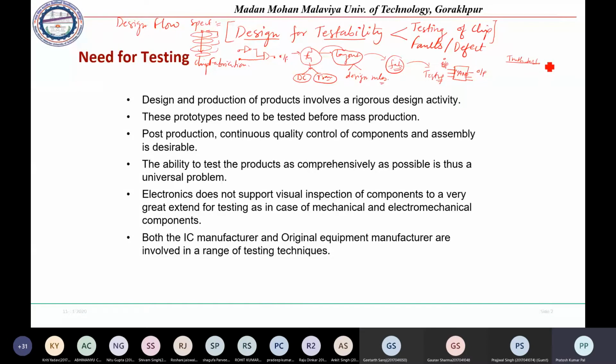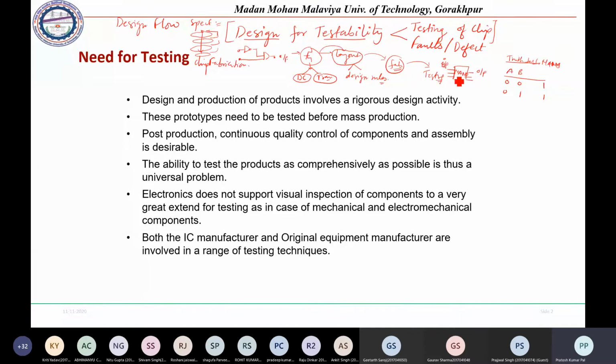If A and B are the inputs, if it is 0 0, the output is 1. If it is 0 1, the output will be 1. So on. We already know that if it is a NAND gate, for this input pattern, this should be the output. So while testing after the chip is fabricated, that is called post-production testing.